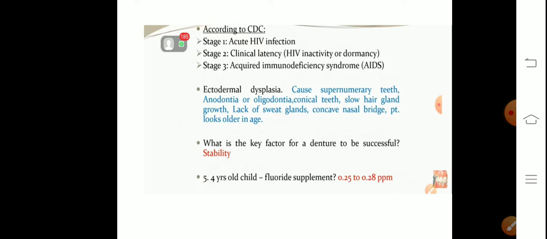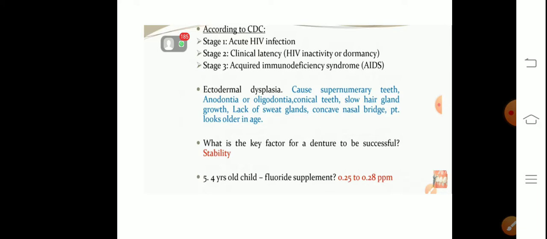You have to know them, and questions arise on the features of ectodermal dysplasia. Next, the important question: what is the key factor for a denture to be successful? For a good denture, the most important factor that you need to know is stability.